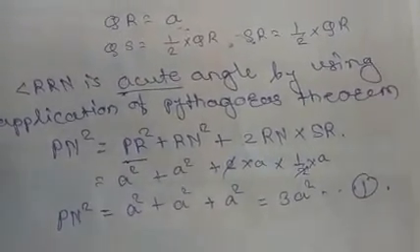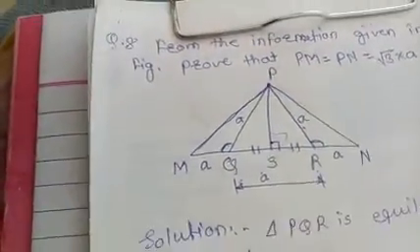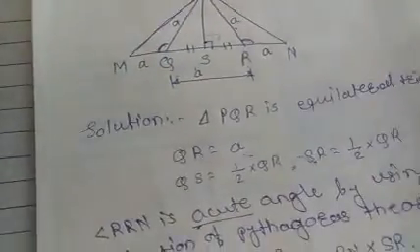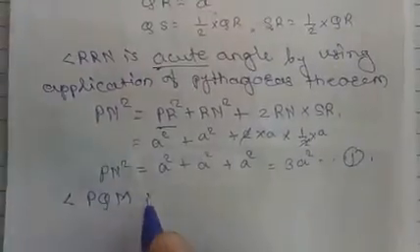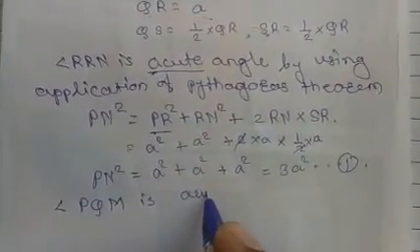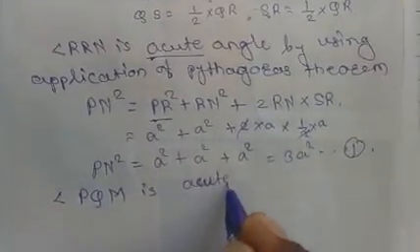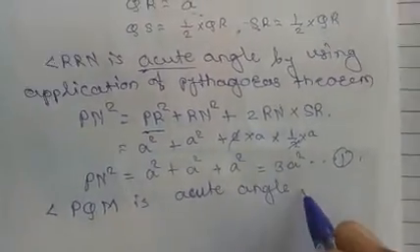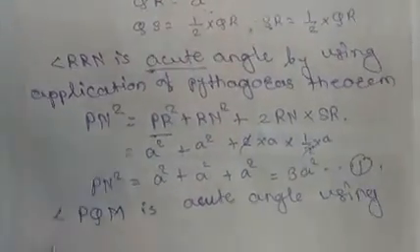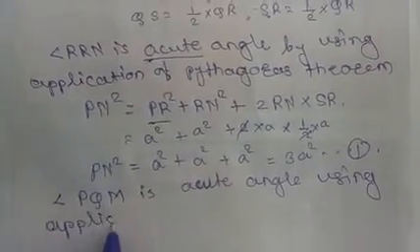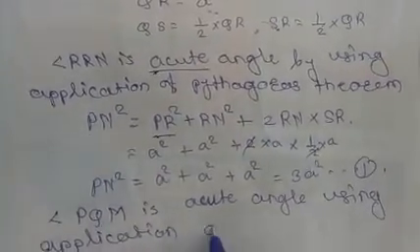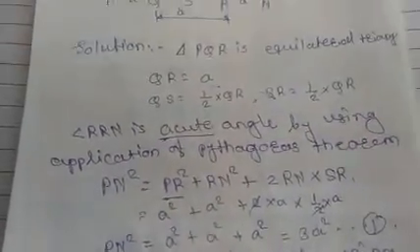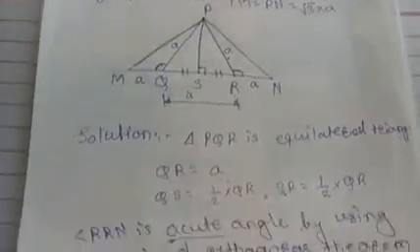Now similarly, consider the other triangle, PQM. Here also angle Q is an acute angle. Angle PQM is acute, so using the application of Pythagoras theorem, the same as the above equation, the side opposite the acute angle is PM.